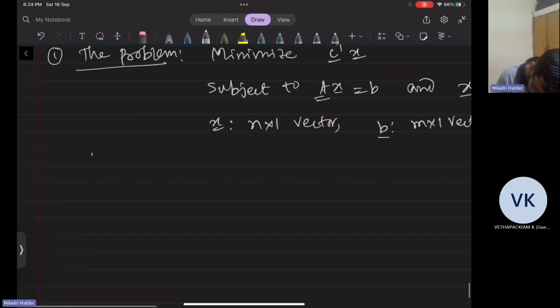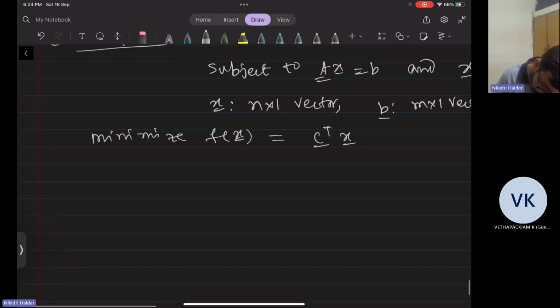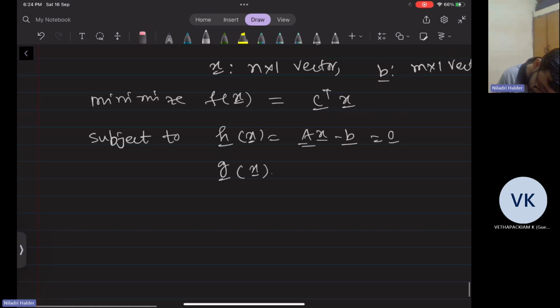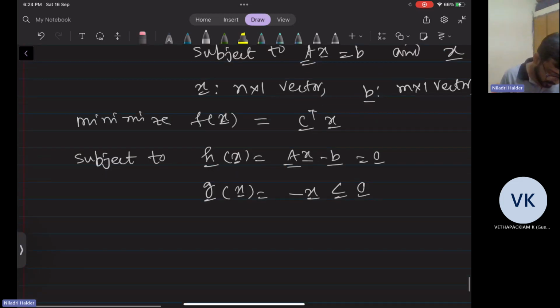So that means the problem is this: minimize f of x, the objective function, c transpose x, subject to h of x equal to Ax minus b equal to 0 and g of x equal to minus x less than or equal to 0. So this is the optimization problem.